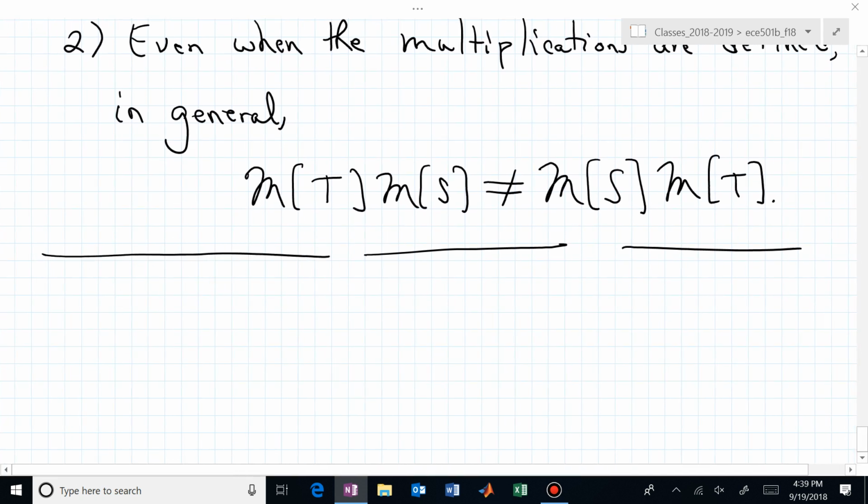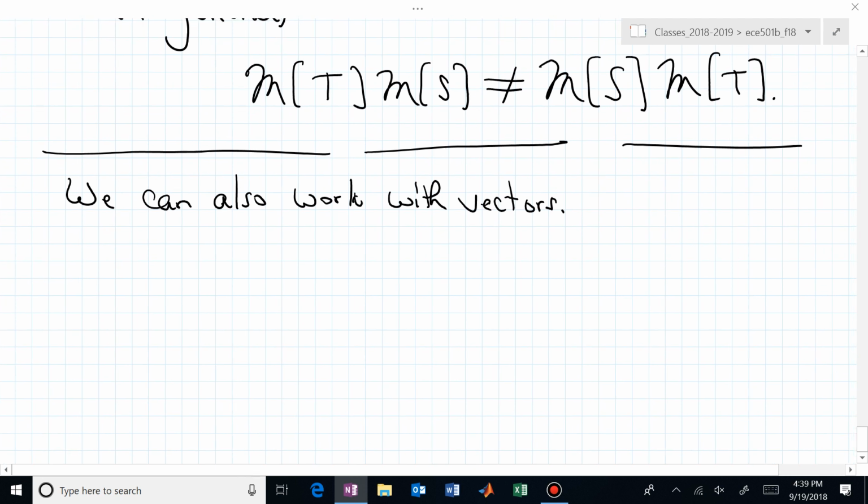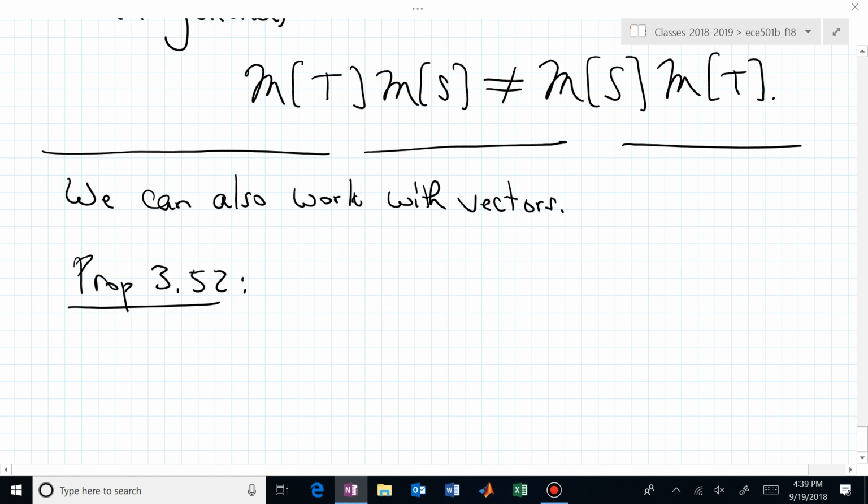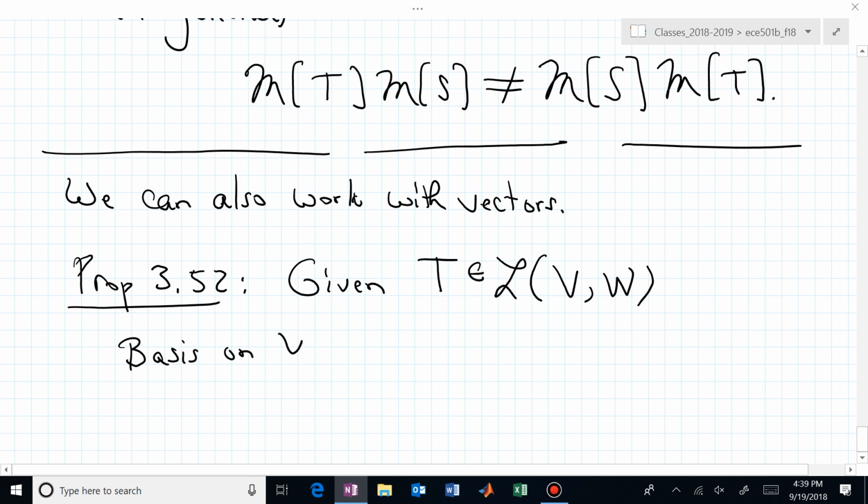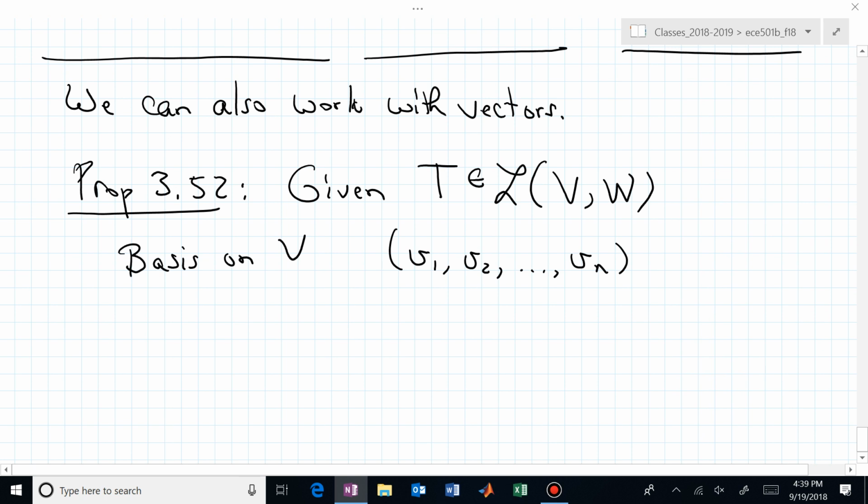We can also work with vectors. For example, Proposition 52 in Chapter 3 says the following: given a linear map T mapping from V to W, and let's say there's a basis on V given by lowercase v's, and we'll say that that's n-dimensional.